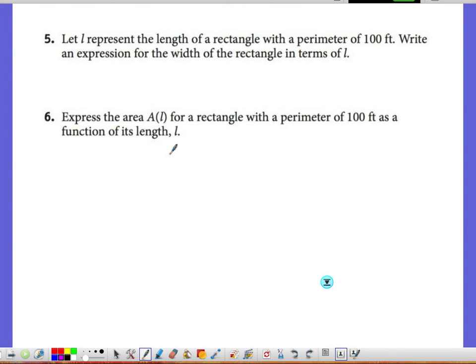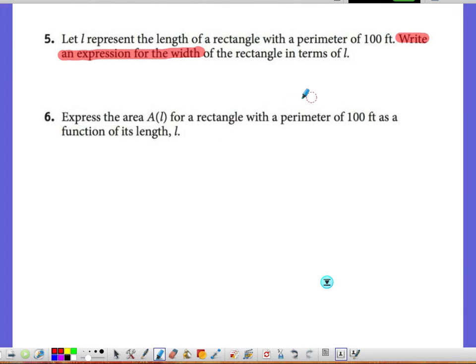Number 5, let L represent the length of a rectangle with a perimeter of 100 feet. Write an expression for the width of a rectangle in terms of L. That's basically what you want to do.